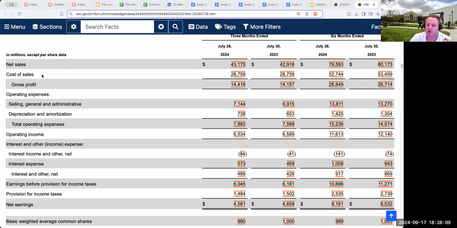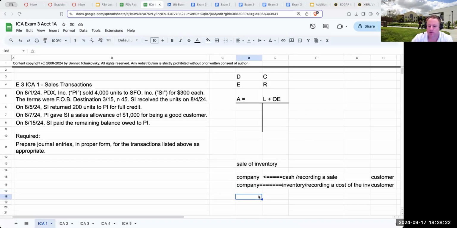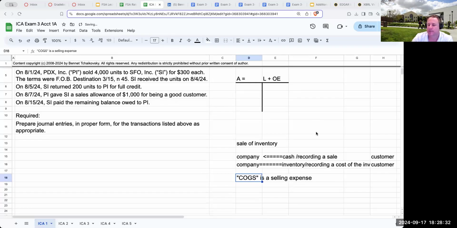Then we have our cost of sales, or how much those sales cost us to sell. This is an expense, and it's sometimes referred to as cost of goods sold. Cost of goods sold is a selling expense.